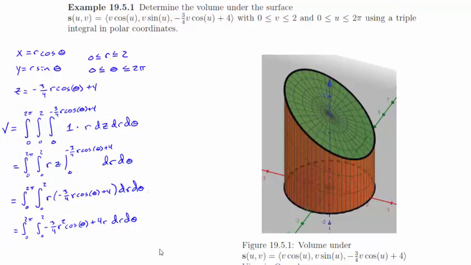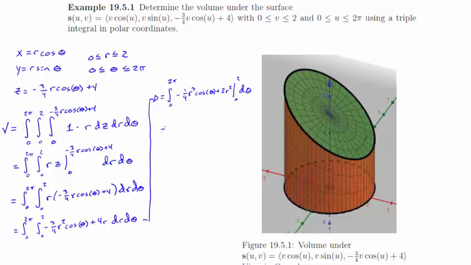I want to give myself a little more room. So I'll go to a new column. So this equals the integral from 0 to 2 pi of negative 1/4 r cubed cosine of theta plus 2r squared evaluated from 0 to 2 in the r direction, and then d theta.